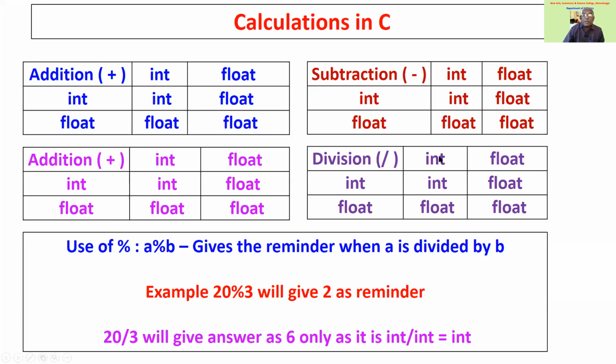In division, integer by integer gives an integer; the rest are all float. When you divide one integer by another integer, you will get the answer in integer form. So remember this. We must be very careful with such points because they may lead to incorrect results or errors sometimes. Okay.